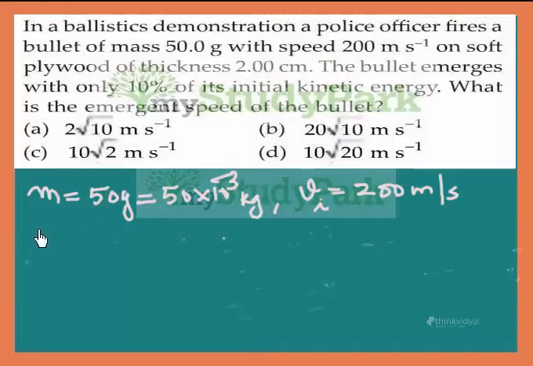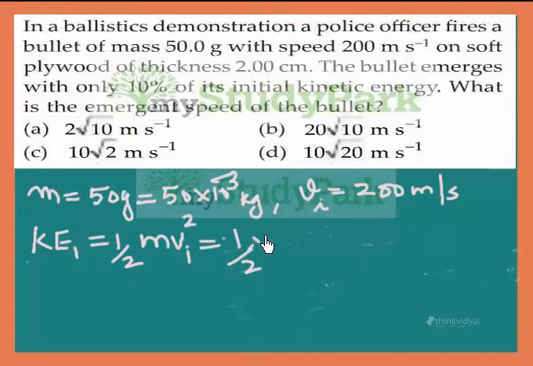So let us find out the initial kinetic energy, KE1 equals half m vi square, equals half into m is 50 into 10 to the power of minus 3 into v square, which is 200 into 200.